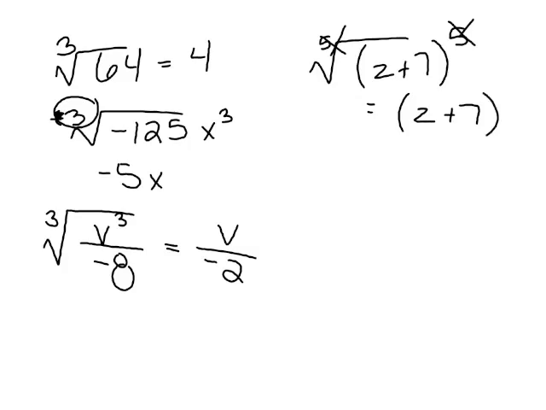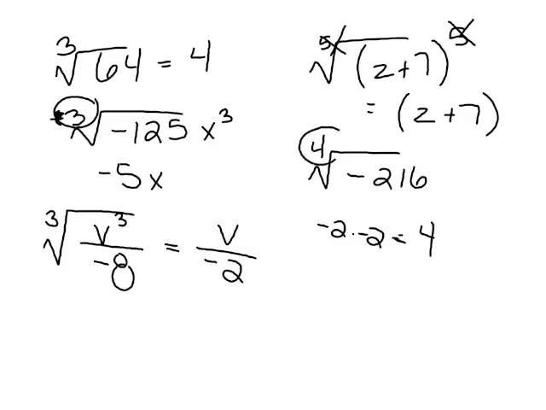The only thing you need to watch for is if they give me an even root. So let's say the 4th root, and my number inside is a negative. Can I have a negative number to an even powered root? No, right? So an odd, I can have a negative. A negative times a negative always equals a positive. So if my power is an even number, then this cannot be negative. That means it's not a real number.